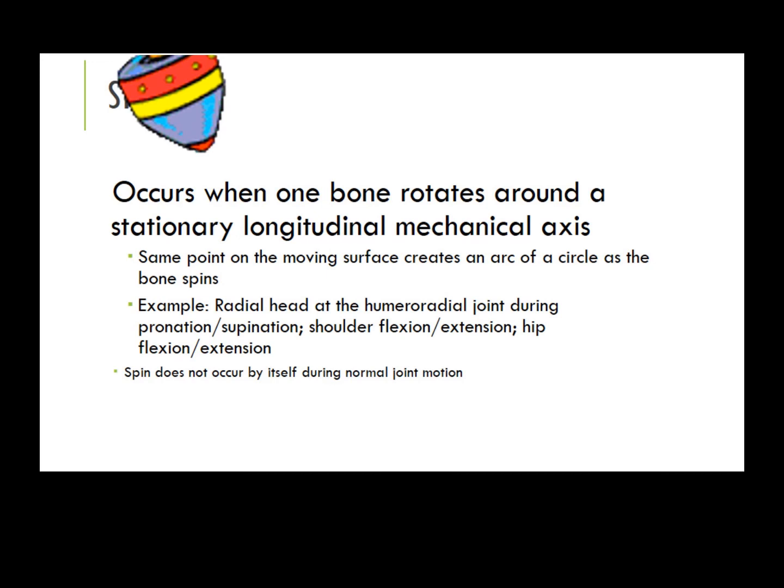Now, in shoulder flexion, actually there is no rolling happening. There is spinning happening. Okay. So there is a spin movement going on in shoulder flexion and extension, and similarly in hip flexion and extension. Now, spin does not occur by itself during normal range of motion. Okay.